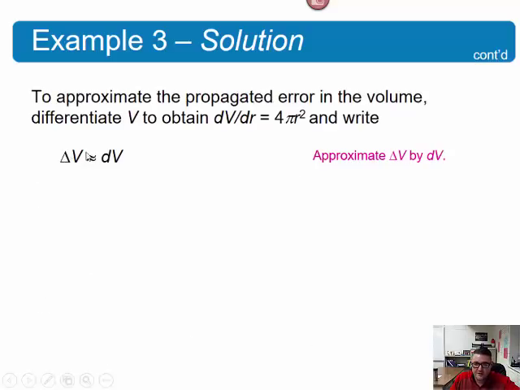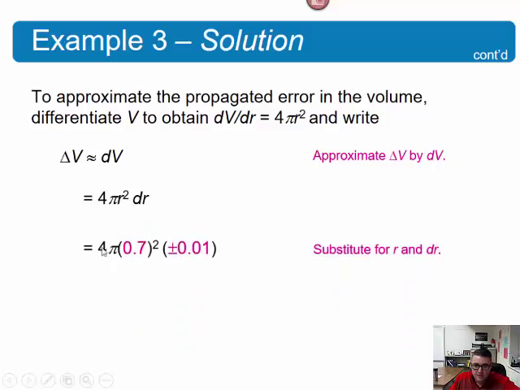And we know delta V is approximately equal to d of V with respect to r. So we're going to take this derivative, just like related rates. So we know the derivative is 4 pi r squared d of r. We plug in the 0.07, and there's our propagated error.